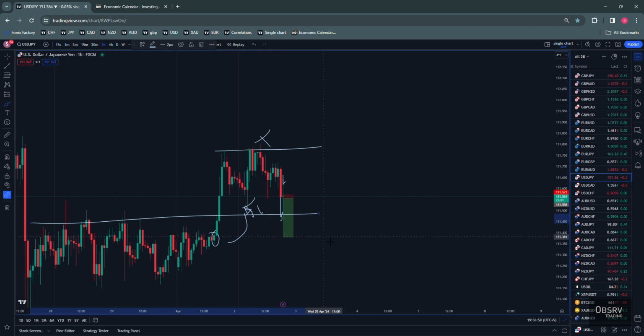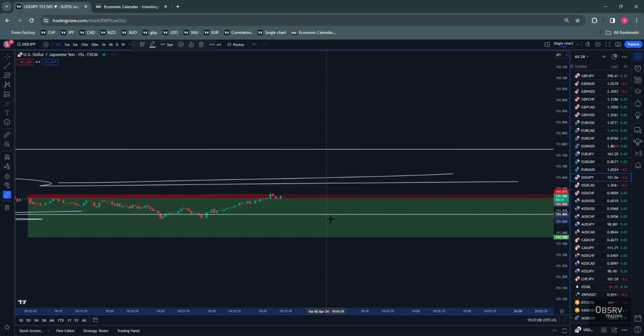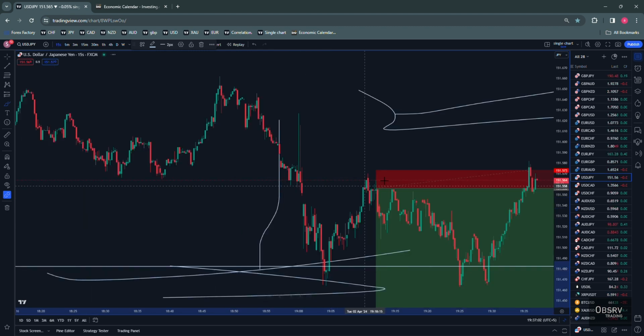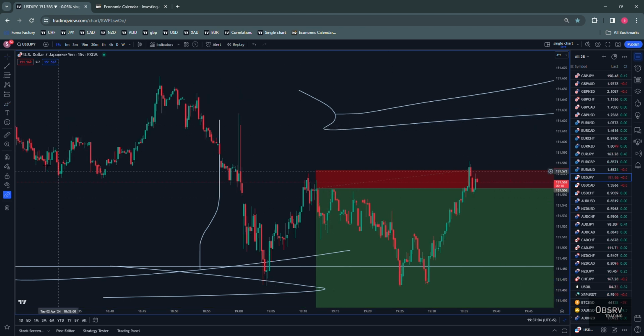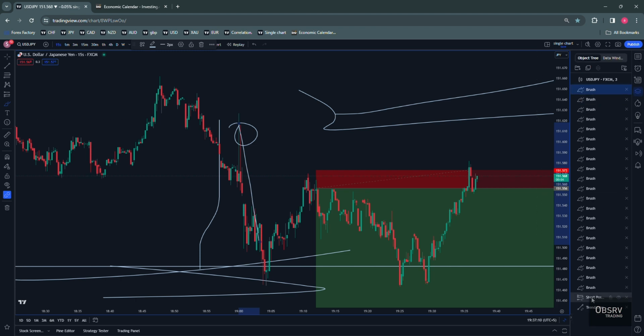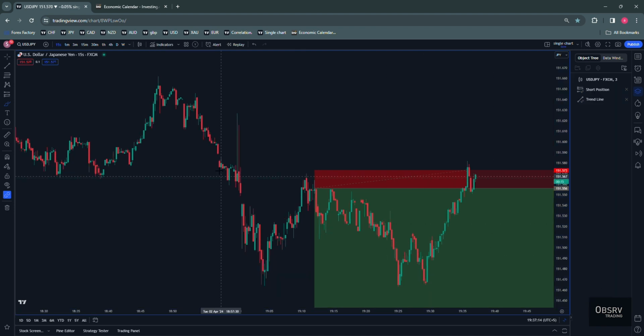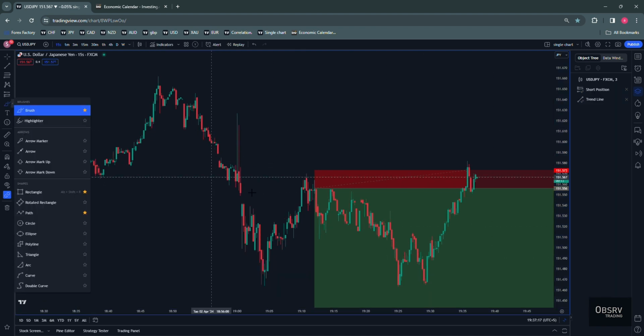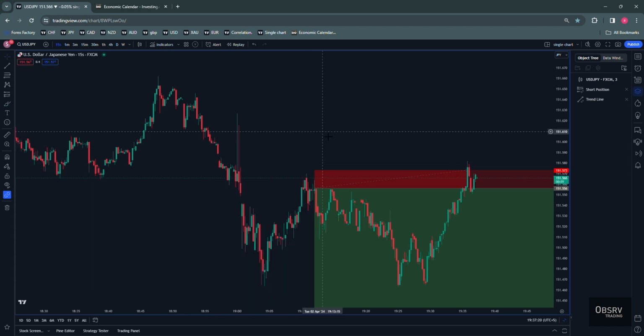Remember that, right? But what I want to show you guys is the same sort of price action happened on dollar yen. So this is where the news comes out. Let me get rid of all of these brushes. Hold on a minute. Okay, brush is gone. So this basically was not an opportunity in my eyes.